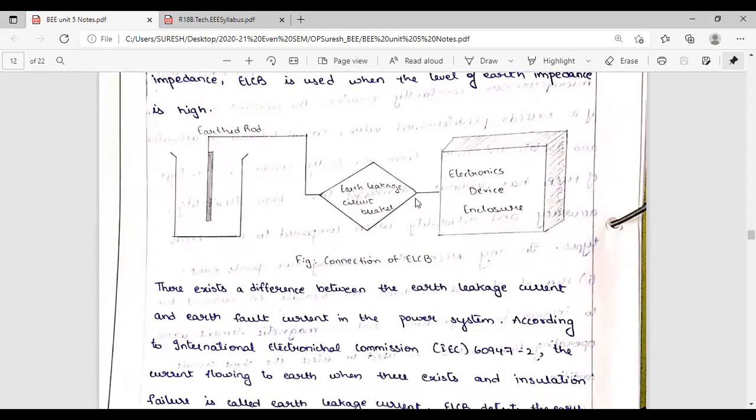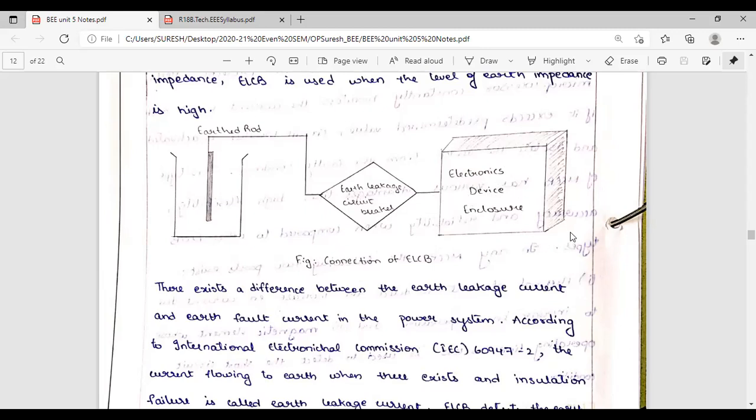If you want to explain this, see here. This is an earth leakage circuit breaker. See this diagram. This is an electronic device. Let us take a fridge. This is the earthing point. In between the earth and the fridge, there is one earth leakage circuit breaker.